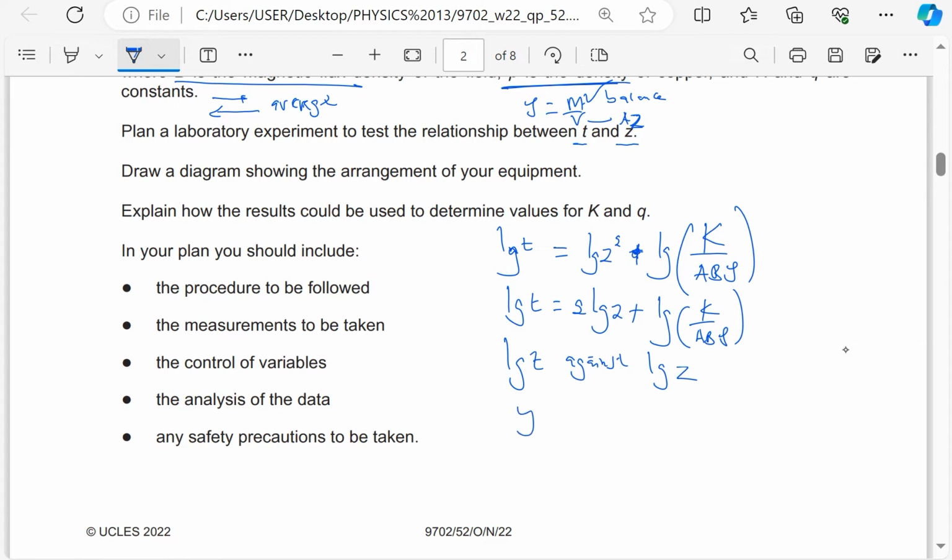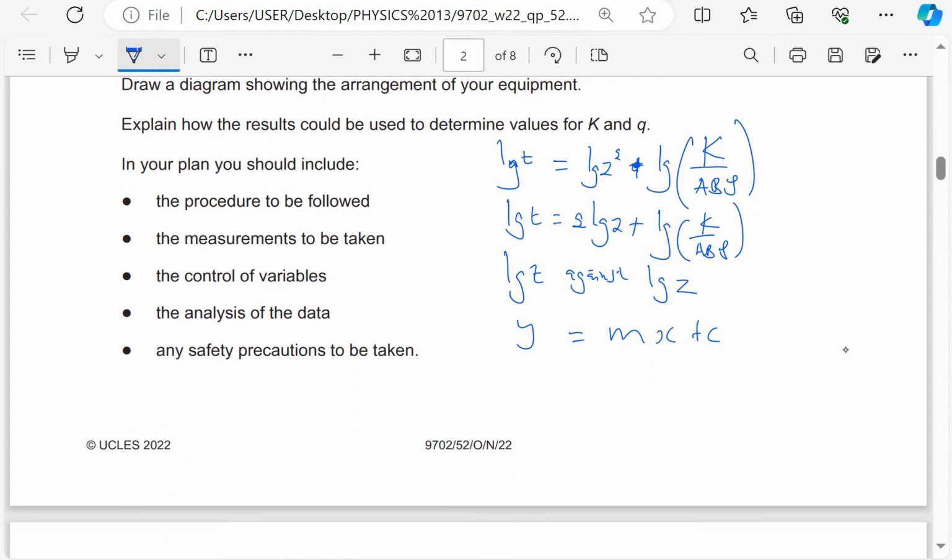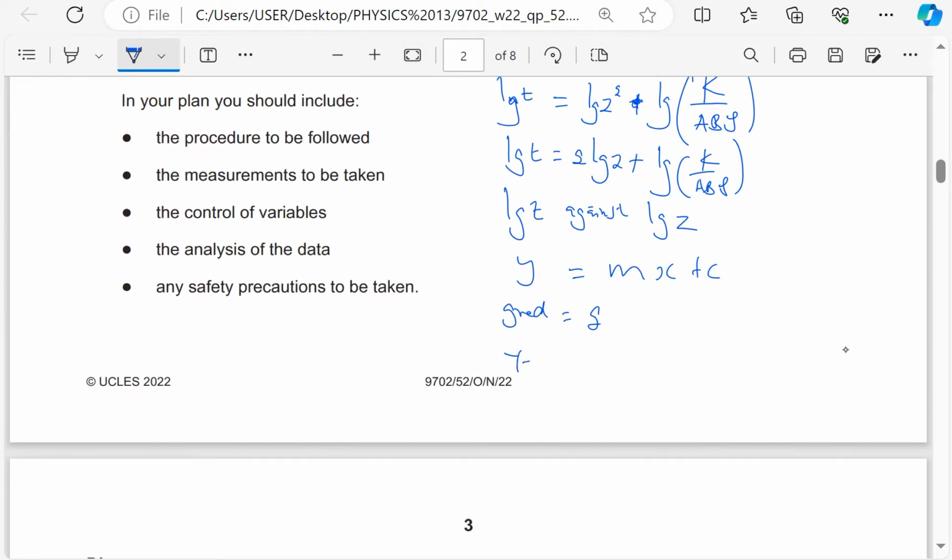If I compare with y equals mx plus c, it means the gradient, which is m, is going to be equal to Q. They said we should show how to determine Q and K from the y-intercept.